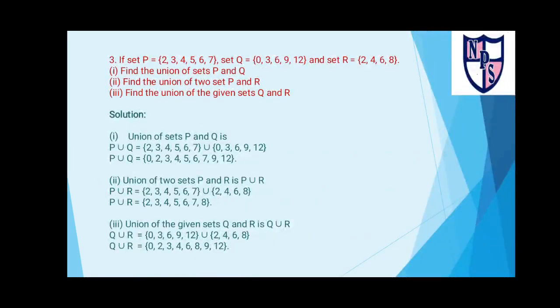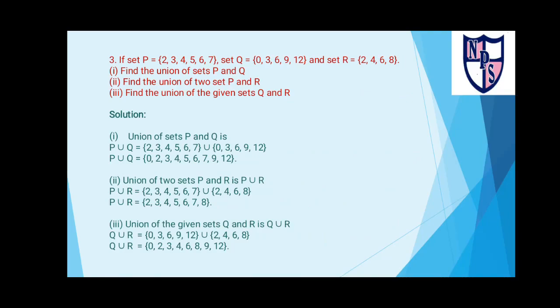Here is one more example. In this, we have sets P, Q and R. First of all, we have to find the union of sets P and Q. P contains elements 2, 3, 4, 5, 6 and 7. Q contains 0, 3, 6, 9 and 12.